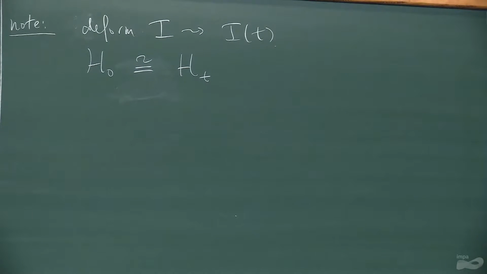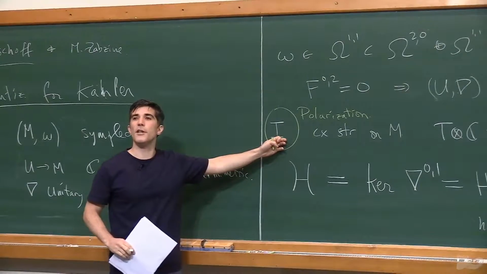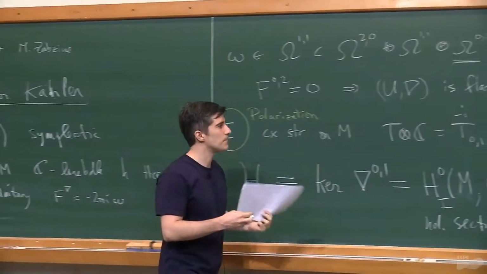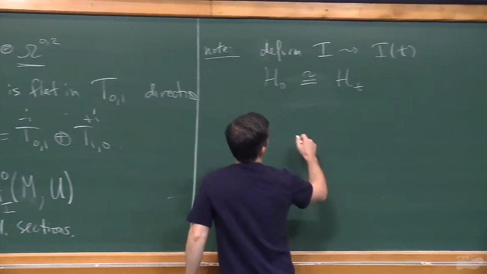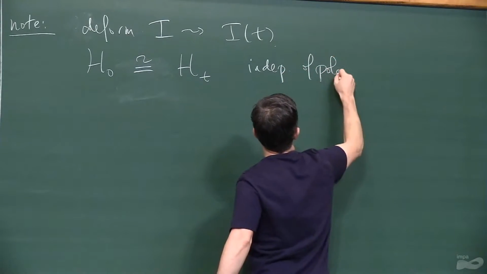So this is sometimes called Hitchin's projectively flat connection, or that goes by various different names. The idea is that this does not depend in an essential way on the polarization choice. So it's independent of polarization.